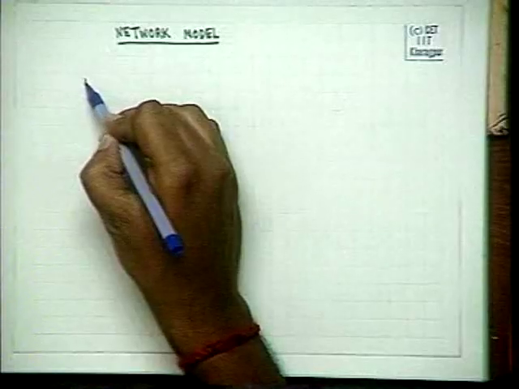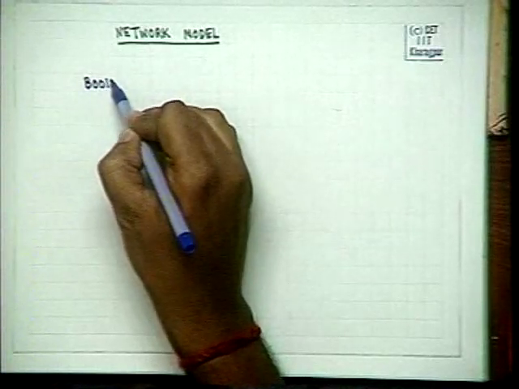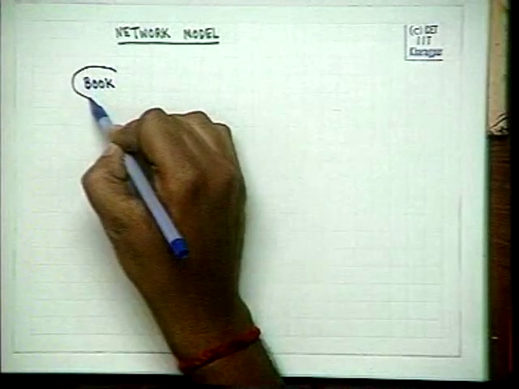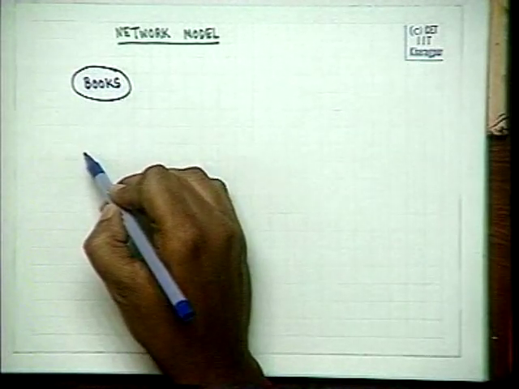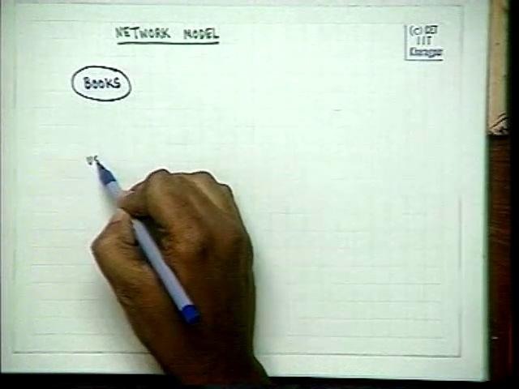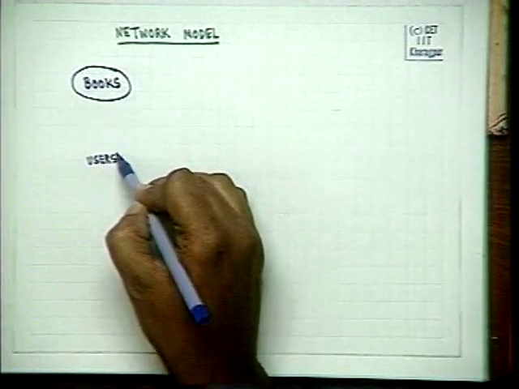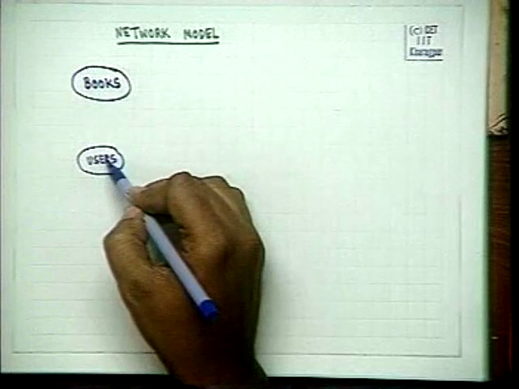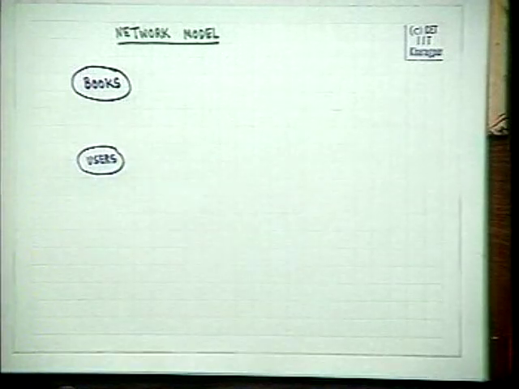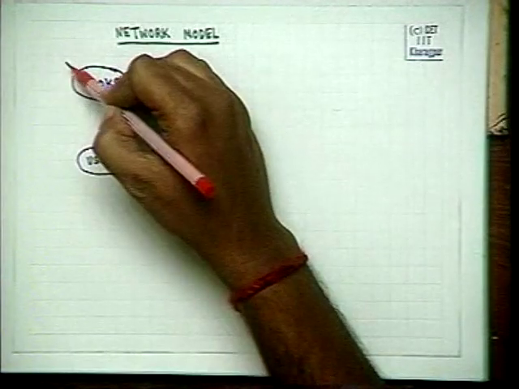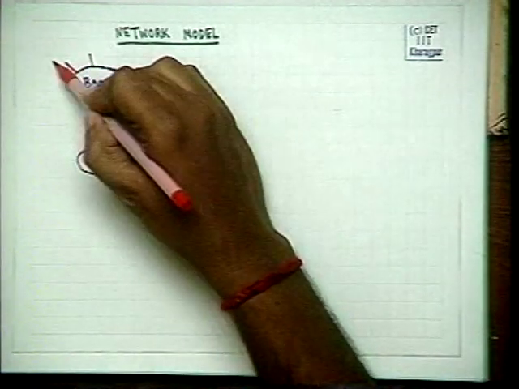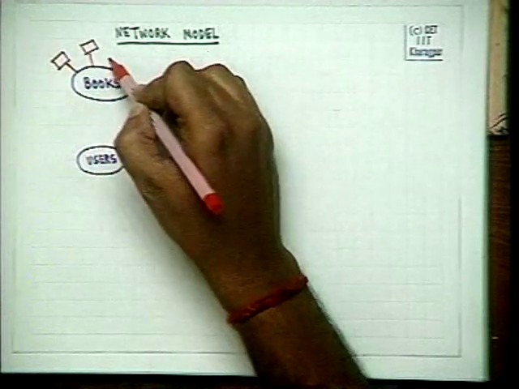And in this particular problem, we know that we have got two types of records, books, and we have got another type of set of records which are called users. Each of these records, the attributes of each of these records are known, and the fields of the attributes are also known, because we know books will have certain attributes. So all these attributes of all these records are known.